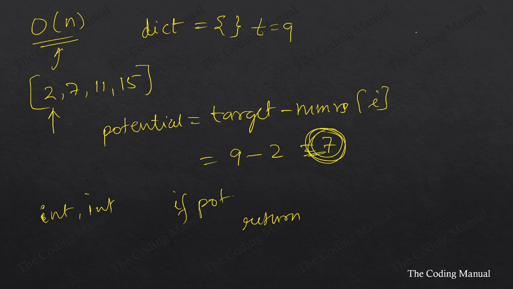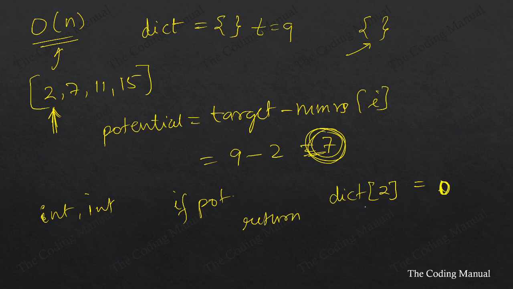So what will happen here is when 7 comes, I will check if 7 is in the dictionary. Initially the dictionary was empty, so 7 was not there. So I will put that in the dictionary: that particular element 2 equals its index 0.